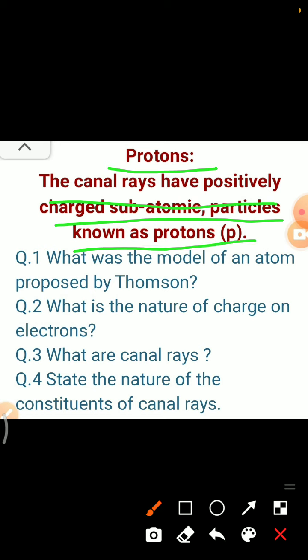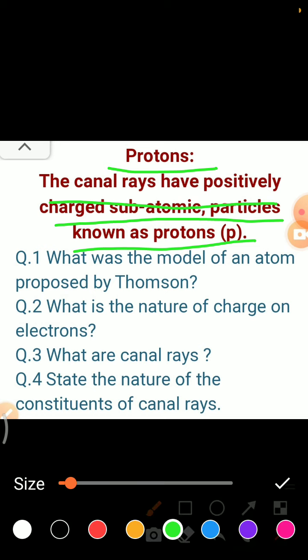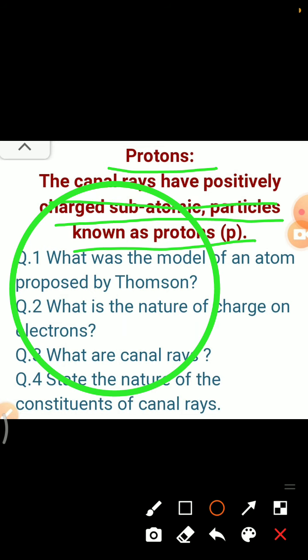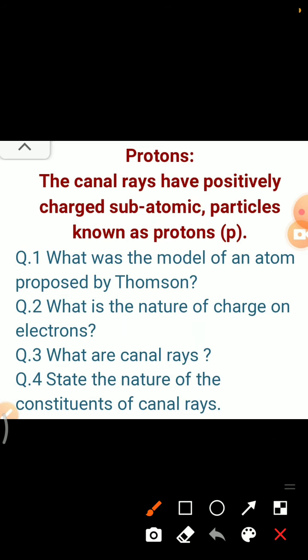What was the model of an atom proposed by Thomson? This is an atom.